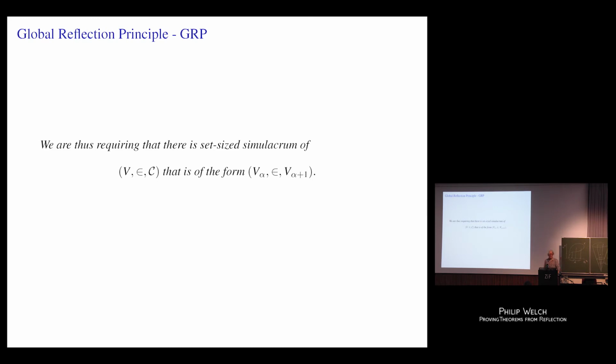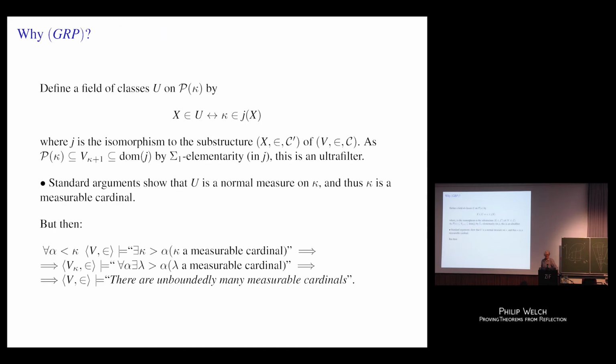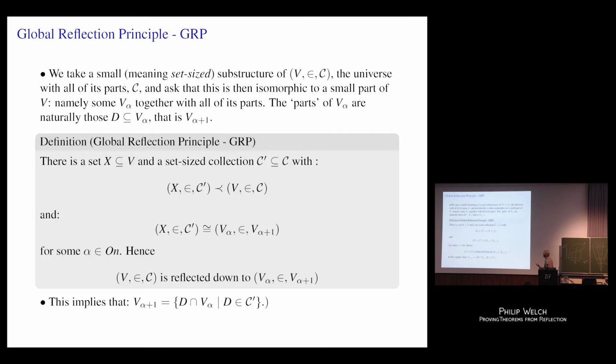So what we've got is this initial segment, V alpha and V alpha plus 1, which is in some sense a set-size simulacrum of V. And just to close up here, we take this isomorphism of this whole set-size bit that we've got, and we collapse it down to this transitive V alpha.